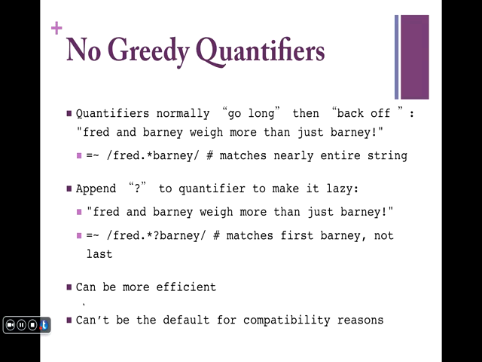Okay, no greedy quantifiers. It's also useful to know, as we noticed, that Perl is smart enough to start matching from the beginning of the sentence to the end. So if I have the following string, Fred and Barney weigh more than just Barney, and I am applying the following expression, $_ =~ /Fred.*Barney/, it matched the entire string.